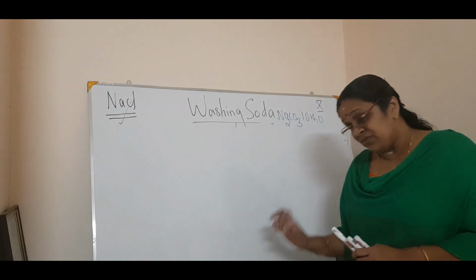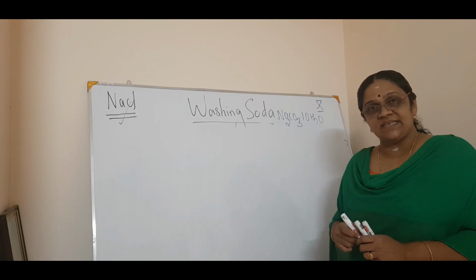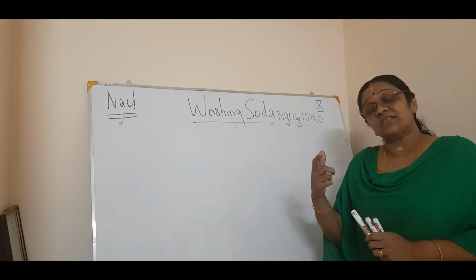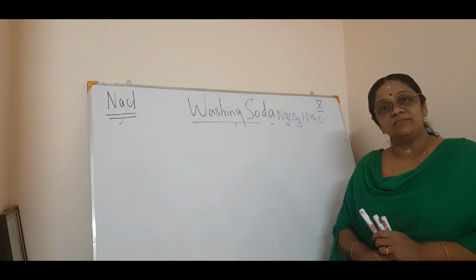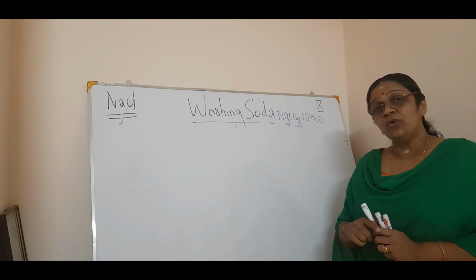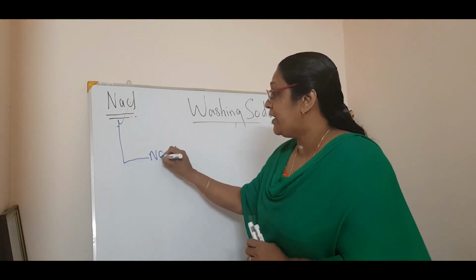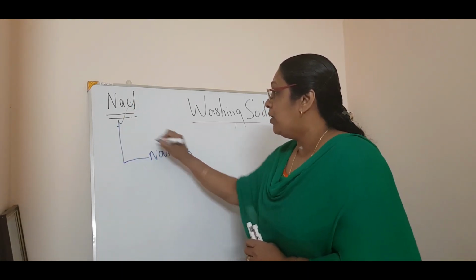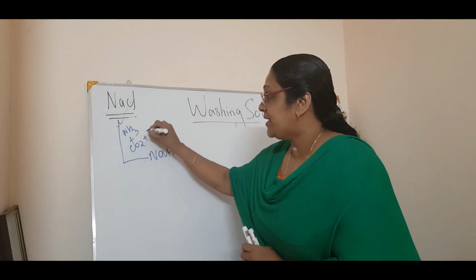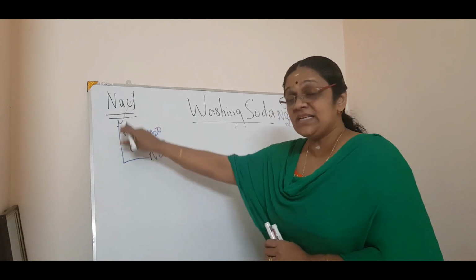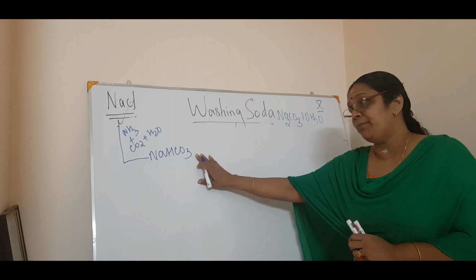But one more thing. Now you started from sodium bicarbonate, isn't it? When the question is asked, how will you prepare washing soda from sodium chloride? Then you go for sodium chloride, and you have to prepare NaHCO3. How? By ammonia plus carbon dioxide plus water. From this step onwards you have to write to get sodium bicarbonate.